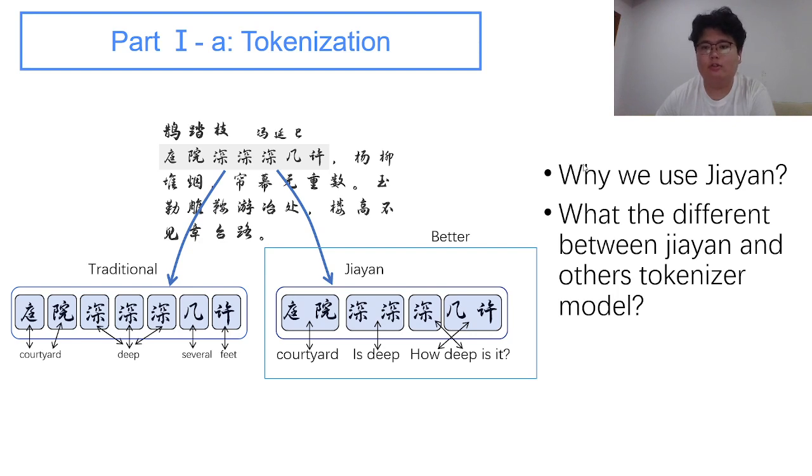This is why tokenization is so important. We have used Jiayan as a toolkit for this purpose. Jiayan is very professional and efficient at word tokenization in the language, with few incorrectly tokenized words.